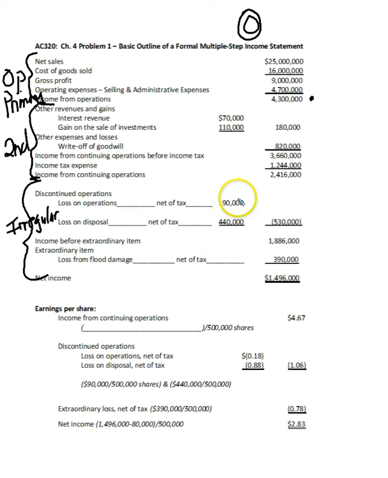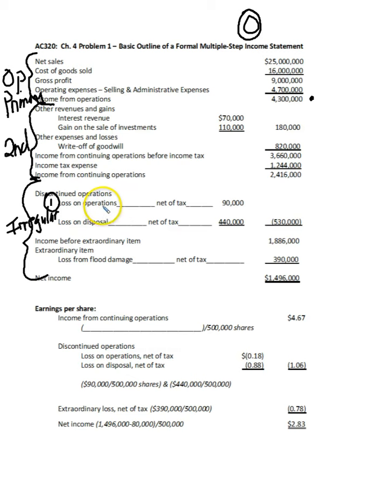In your narrative of problem 1, it only gave the after-tax impact of discontinued operations. Notice there's 2 components of discontinued operations. First off, we've got the operation itself. Let's say we didn't sell this until August. So we would have been operating this segment until August.